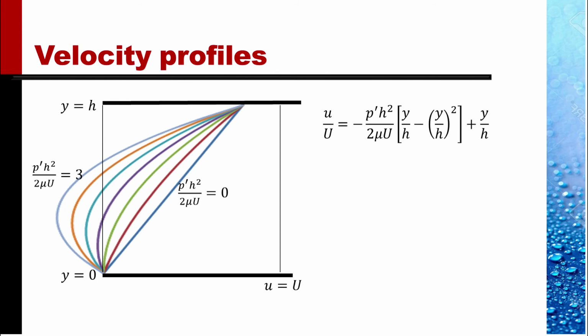The value of u by capital U, as a function of p prime, varies like this. For p prime h square by twice mu U, capital U is 0 for this line, and the value is 3 for this line. And this 3 is where q dot is 0. Here the volume flow rate is positive, and here the volume flow rate is negative.